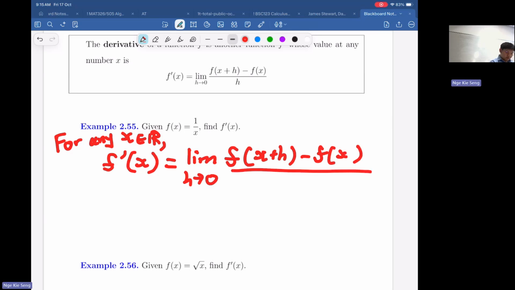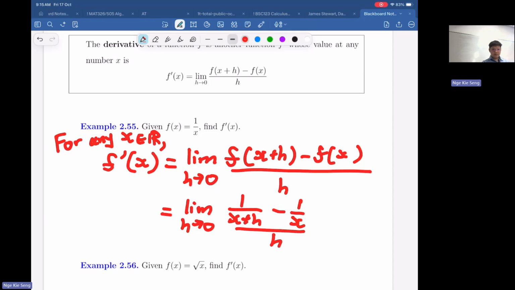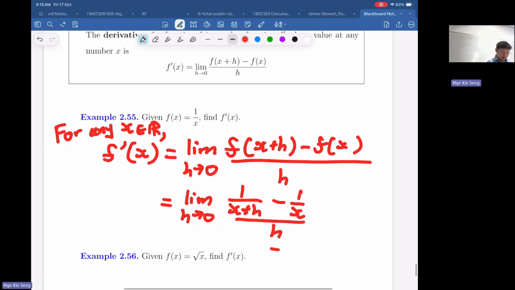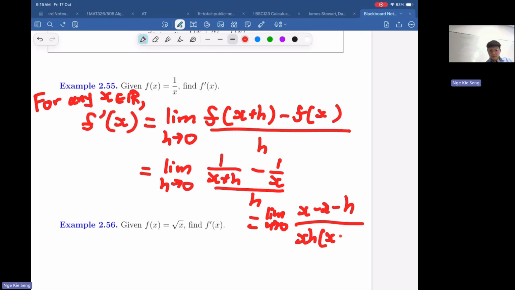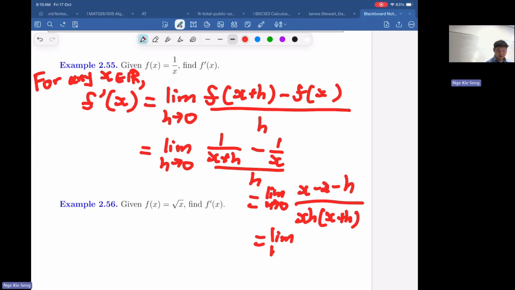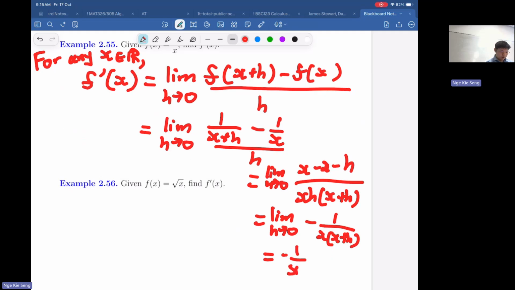Let's try one, and then I'll let you try the other question. For this one, I get 1 over (x plus h) minus 1 over x, all over h. If we simplify quickly, we should first get (x minus (x plus h)) over x(x plus h), then multiplied by 1 over h. Then this simplifies down to minus 1 over x(x plus h), which equals minus 1 over x squared.